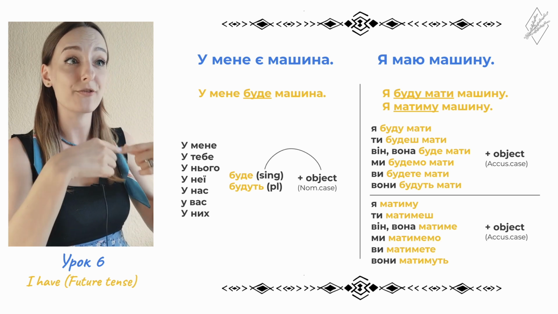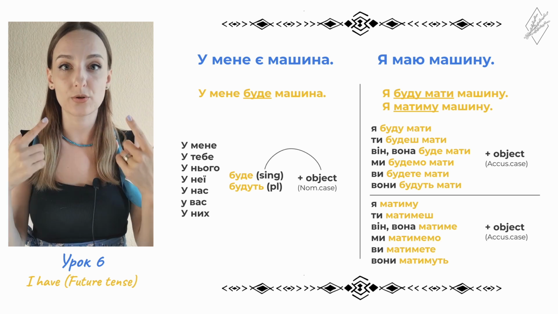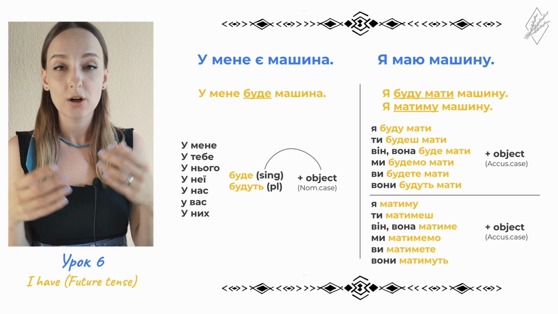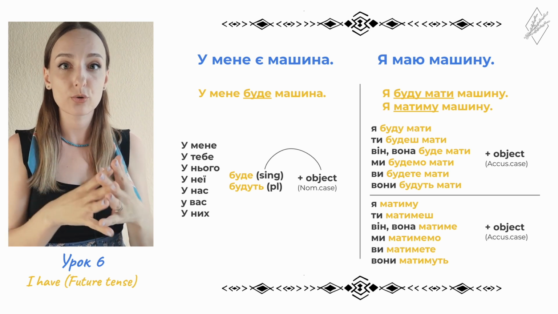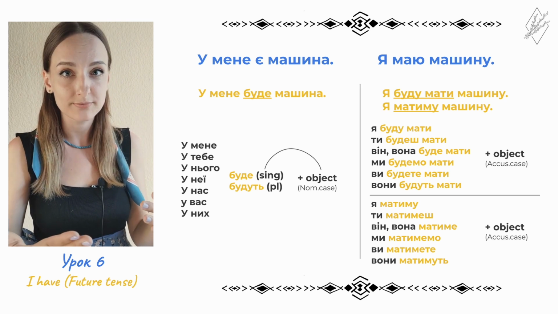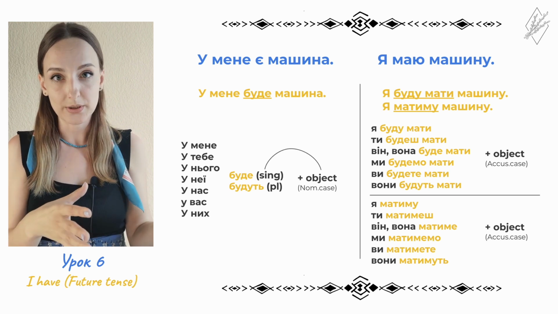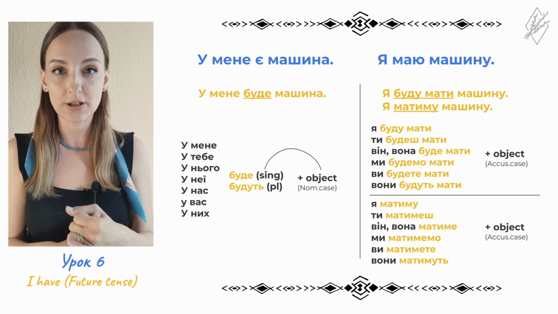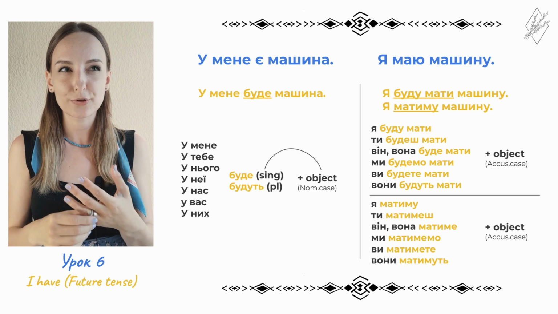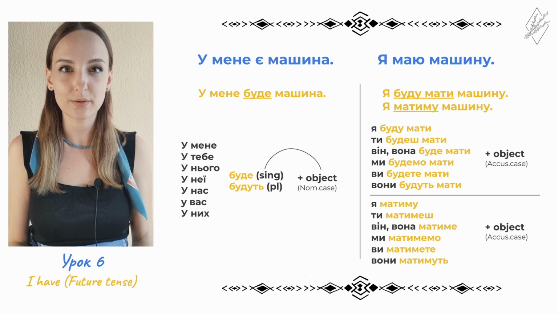So in the future we more often use the essay structure. У мене буде or у мене будуть. Then this one. Of course you can use it as well, but for now, for beginners, it may be a little bit more challenging.